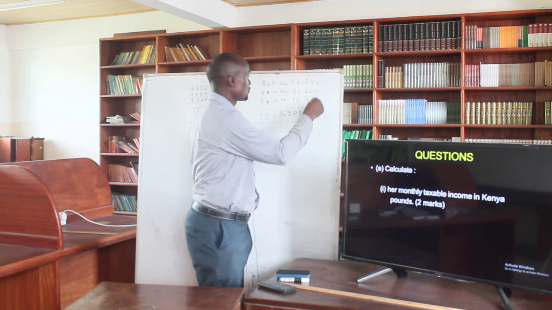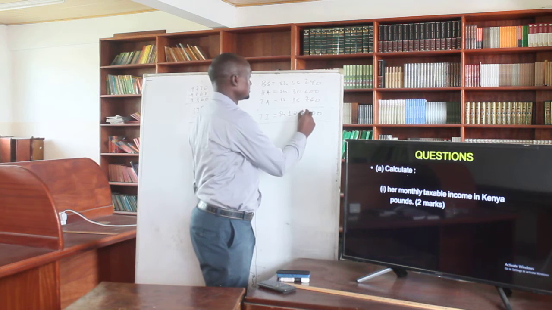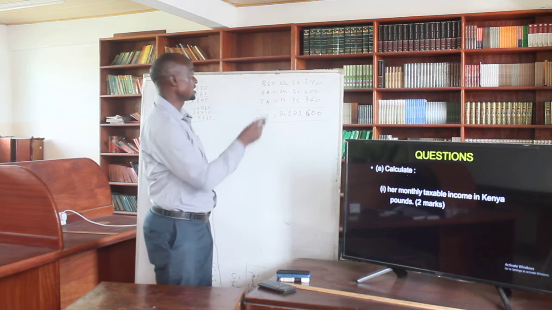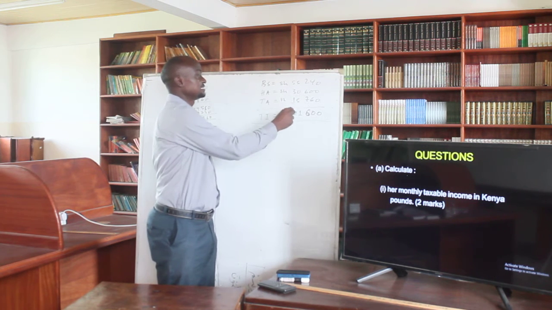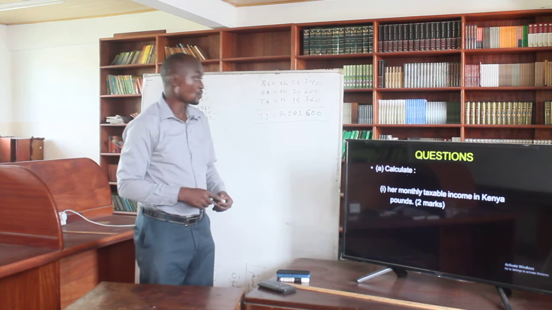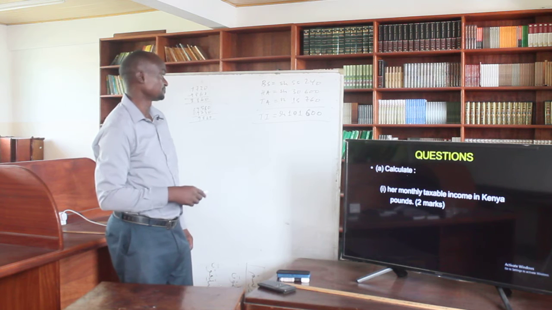That should be 6 here. Then carry 1. That will be 8, 9, and 10. 101,600 when we get the total amount to be paid here.